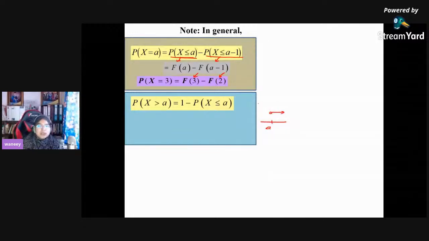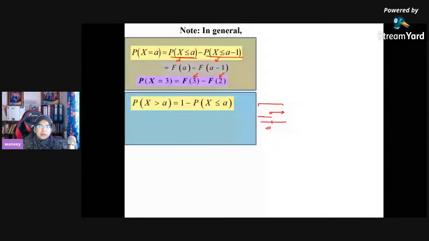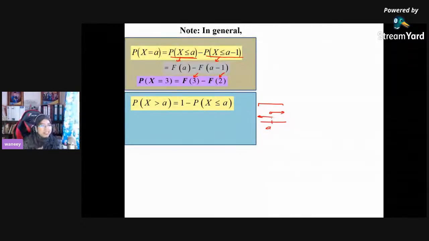You're going to take all the probability, because all the probability is 1, and then you're going to minus the probability of x less than or equal to A. Oh, dia tak bagi saya buat lurid. Sabar je lah. Never mind, you get the idea.